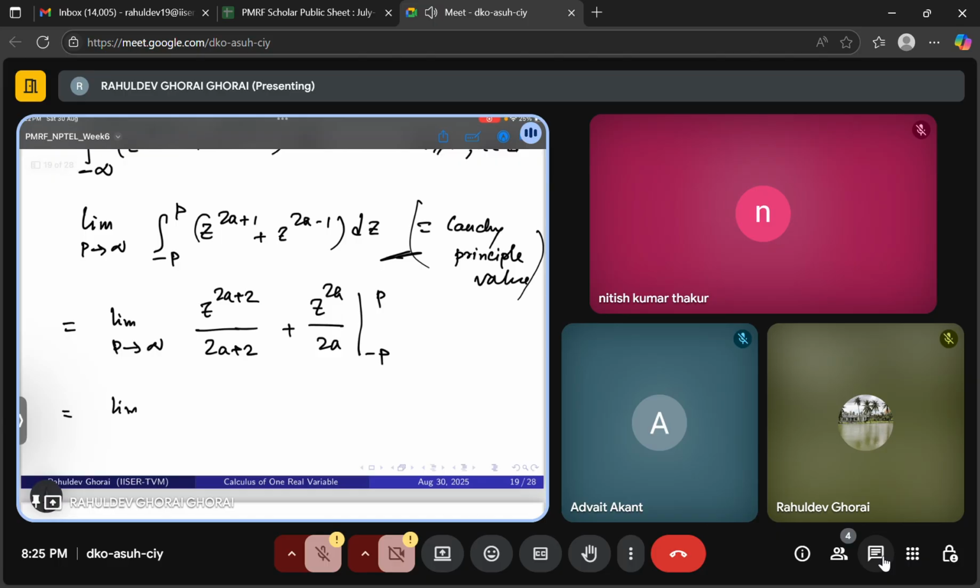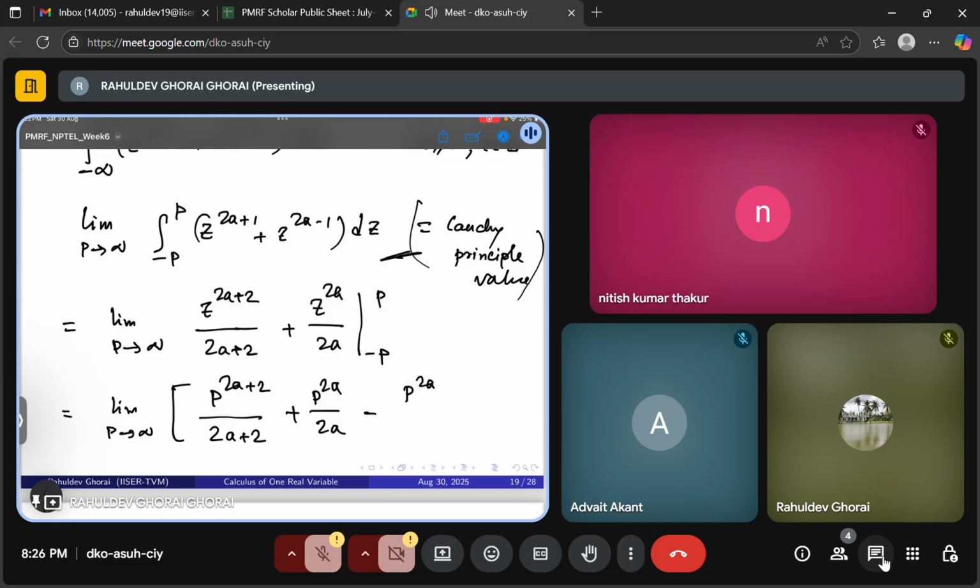This limit as p tends to infinity will be p to the power 2a plus 2 over 2a plus 2, plus p to the power 2a over 2a, minus minus p to the power 2a plus 2.